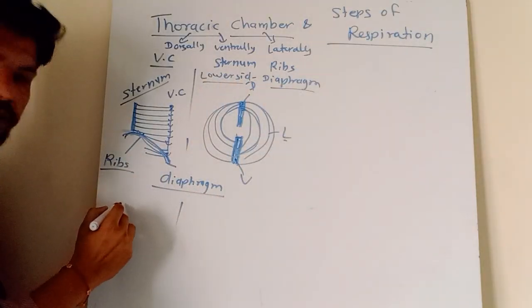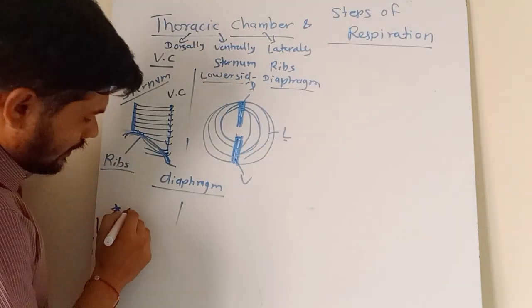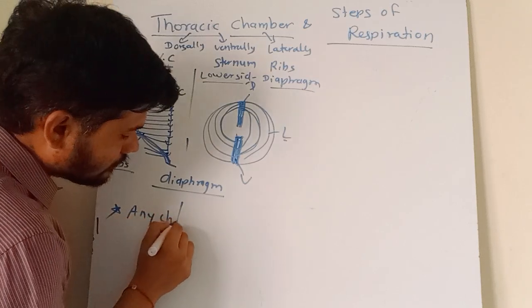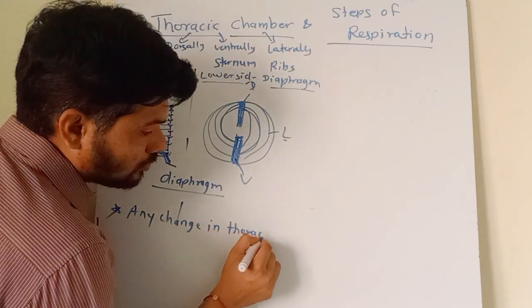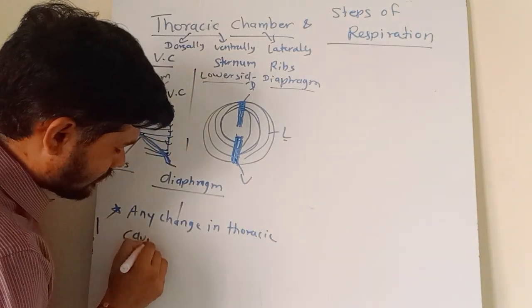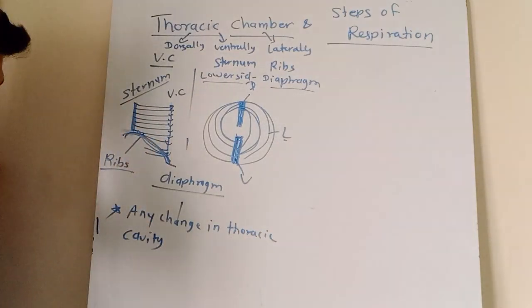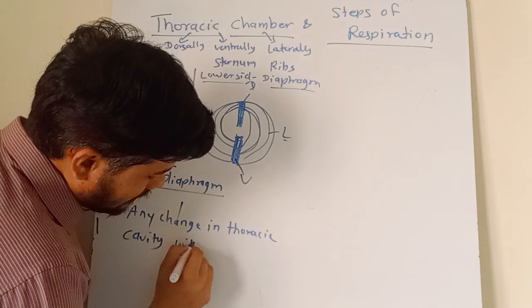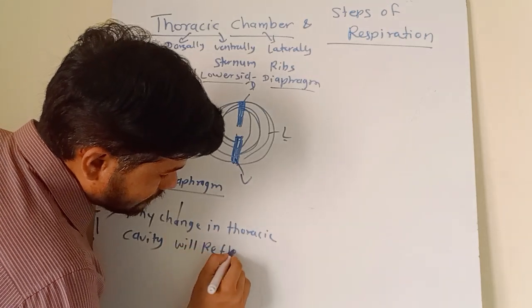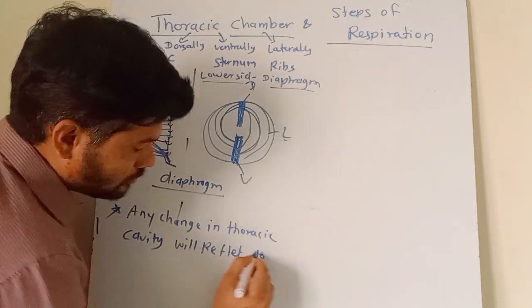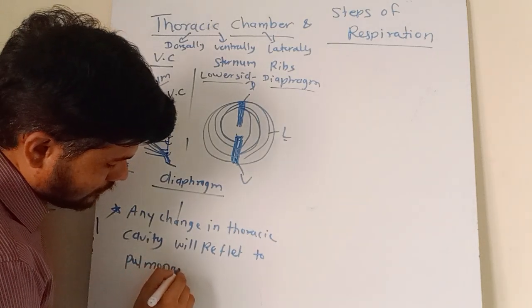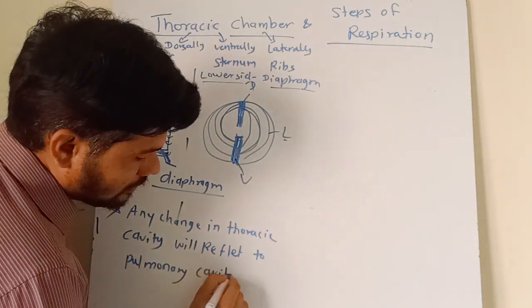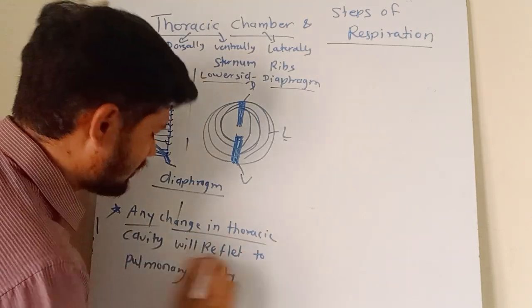Another thing you have to remember is that any change in the thoracic cavity will reflect to the pulmonary cavity. So these two or three things you have to remember in this topic.